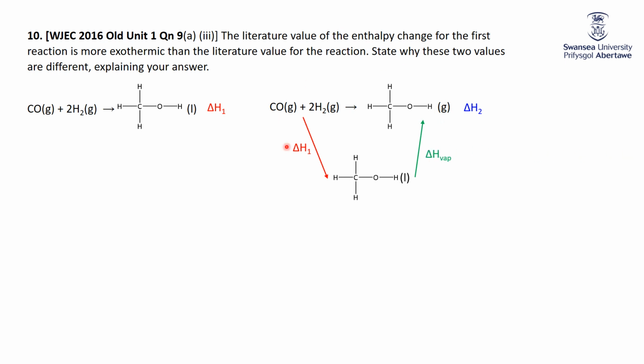So essentially, just by thinking about Hess's law and this nice little cycle that we've pulled up, delta H2 going straight across is delta H1 plus delta H vaporization. Delta H vaporization, turning a liquid into a gas, is always endothermic. So in other words, this is always a positive number. So it doesn't matter what delta H1 is, delta H2 is always going to be more endothermic than delta H1 because you're taking delta H1 and adding a number to it.